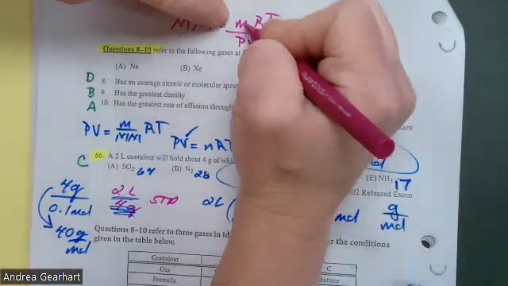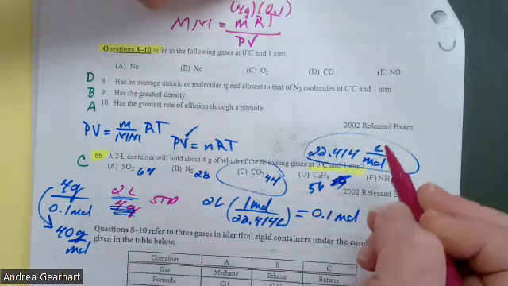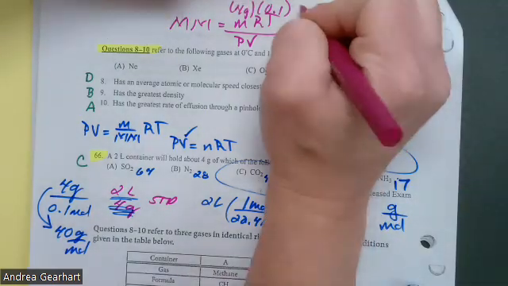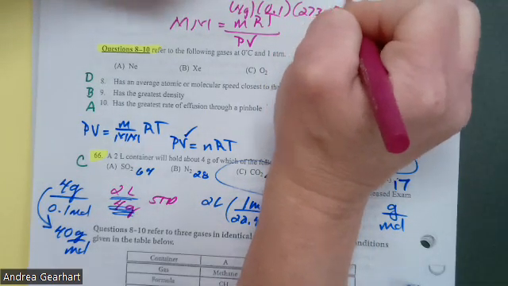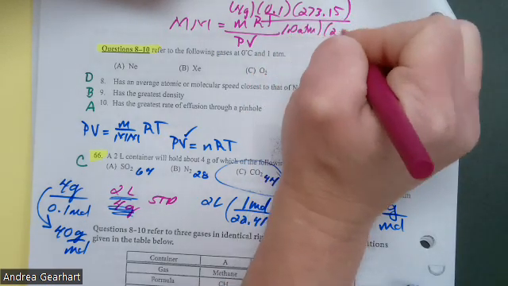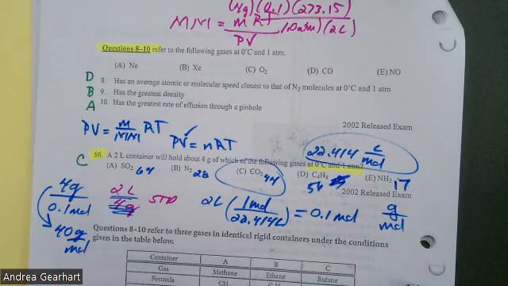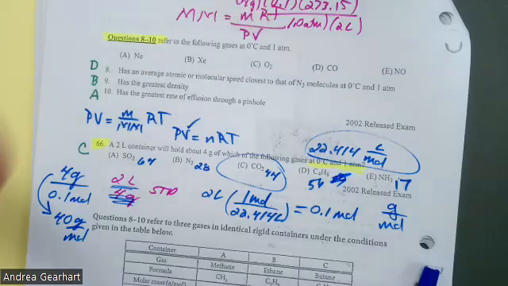So 4 grams, 0.1, 273.15 over 1 ATM and then 2 liter. Because we could do that as well. Did anyone think of a different route? Ava, did that satisfy? Okay. Any other concerns on these?